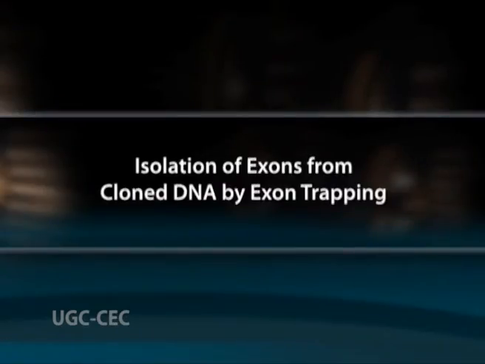Isolation of exons from cloned DNA by exon trapping. Exon trap is a novel method for the identification of signal sequences from genomic DNA. Exon trapping is an RNA polymerase chain reaction or PCR method to clone expressed sequences or exons directly from mammalian genomic DNA.